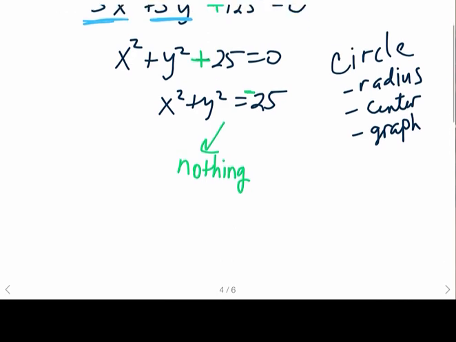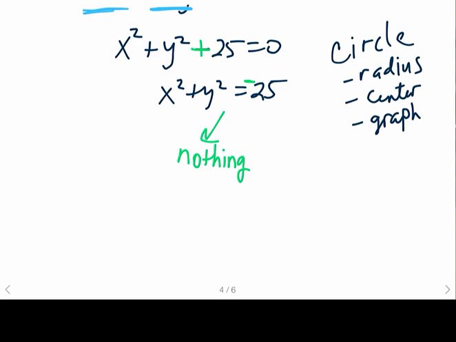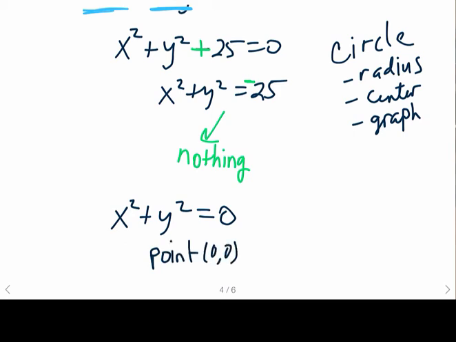Suppose we ended up with something like x squared plus y squared is equal to 0. In that case, we would have a single solitary point. That point would be (0, 0). You square zeros and you add them together, you get 0, right? This is called a degenerate conic.